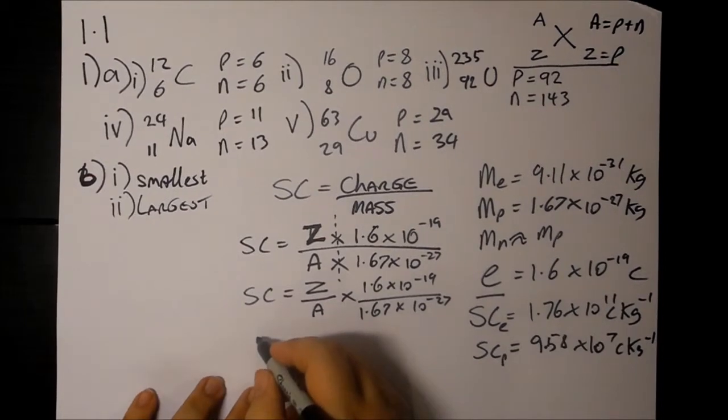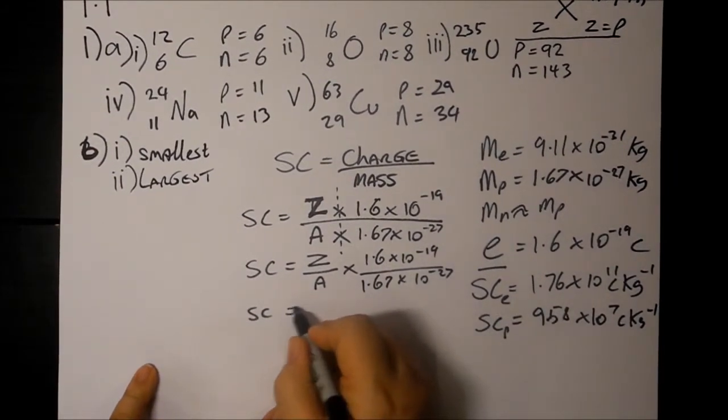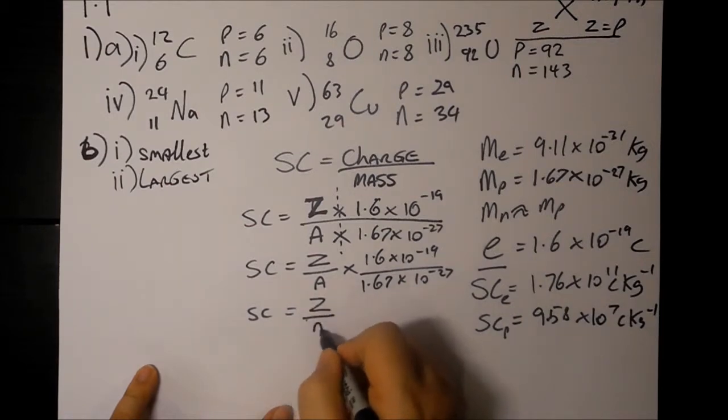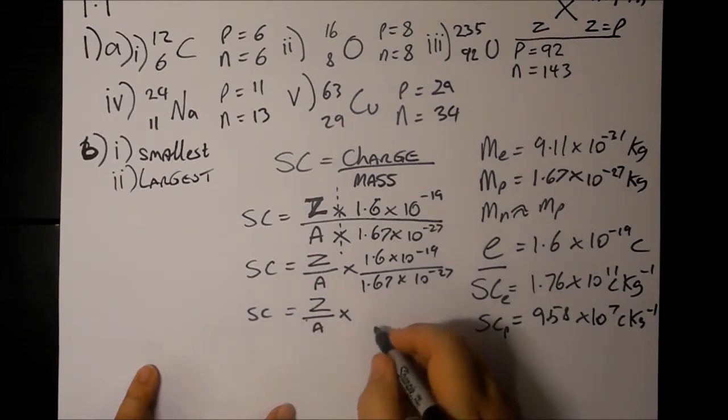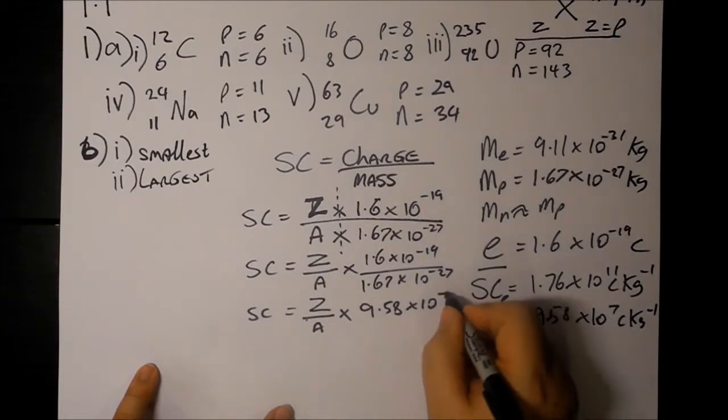And when we actually do that calculation, we find that that value works out at 9.58 times 10 to the 7.